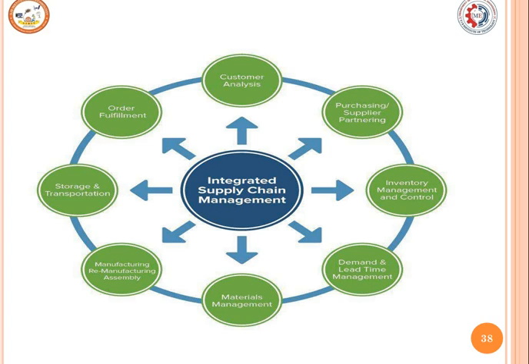In integrated supply chain management, all departments come into the picture: storage and transportation, manufacturing, material management, demand and lead time, inventory management and control, purchasing and supplier partnership, customer analysis, order fulfillment. So all the phases are very much needed.